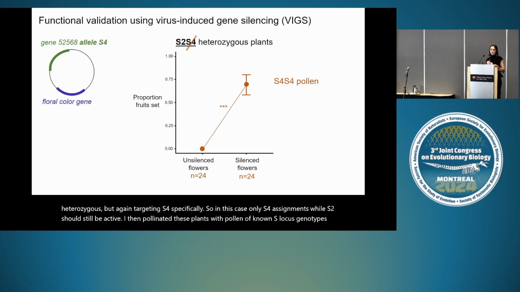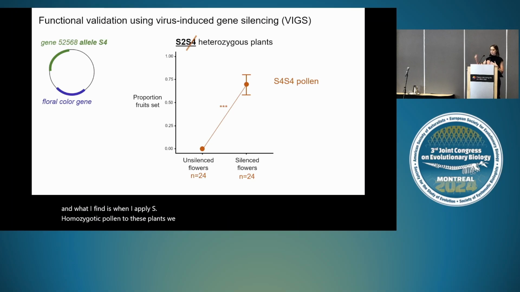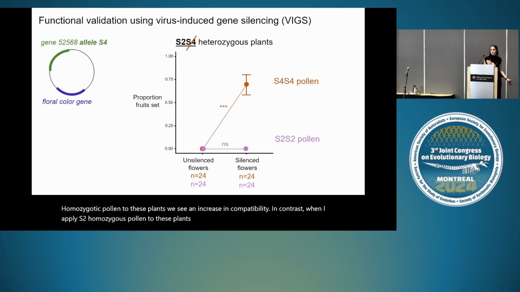And what I find is when I apply S4 homozygote pollen to these plants, we see an increase in compatibility. In contrast, when I apply S2 homozygous pollen to these plants, we see absolutely no increase in compatibility. And so what this tells us is that this gene has allele-specific activity, which tells us that it is involved in self-pollen recognition.